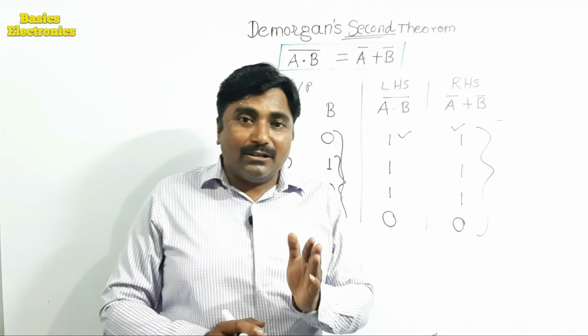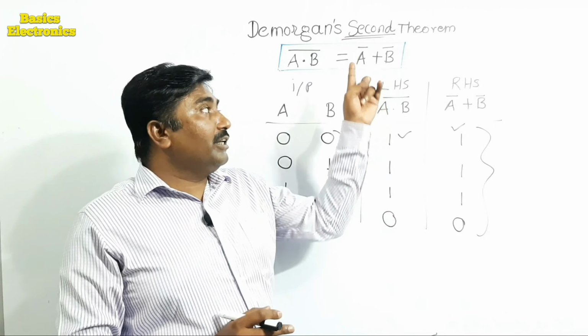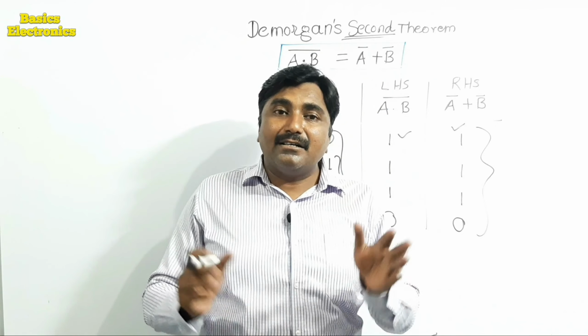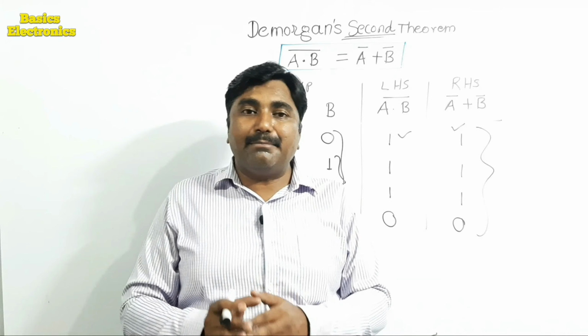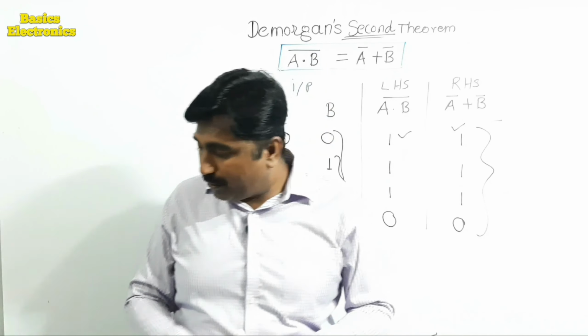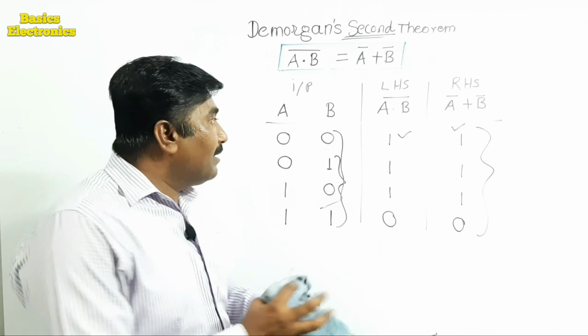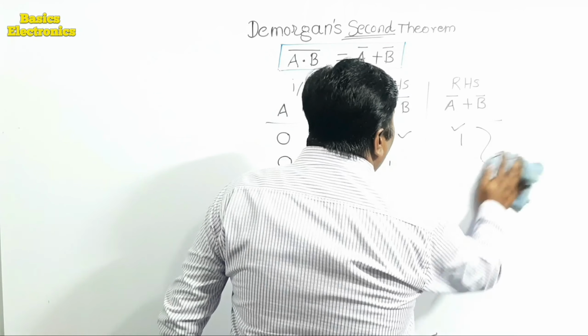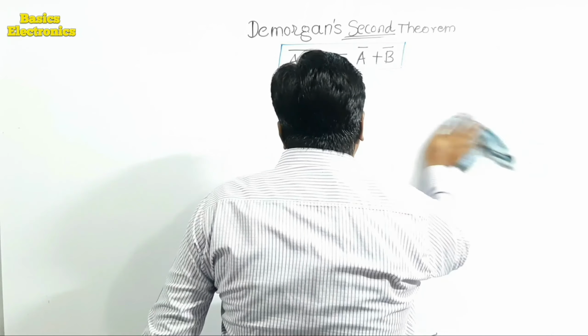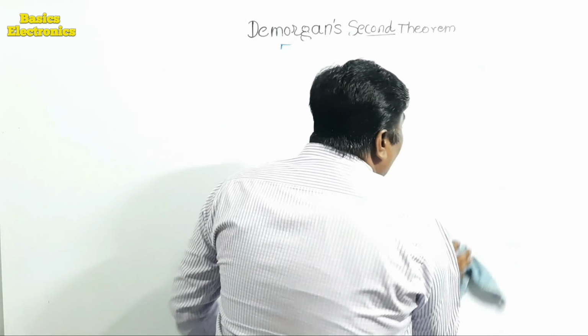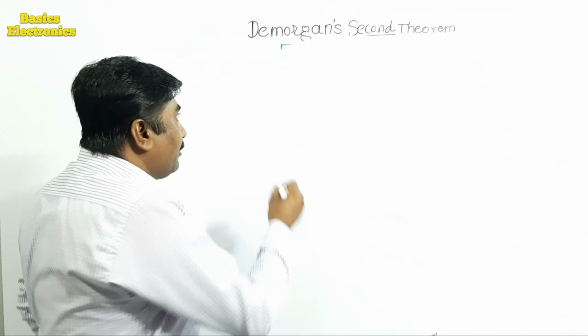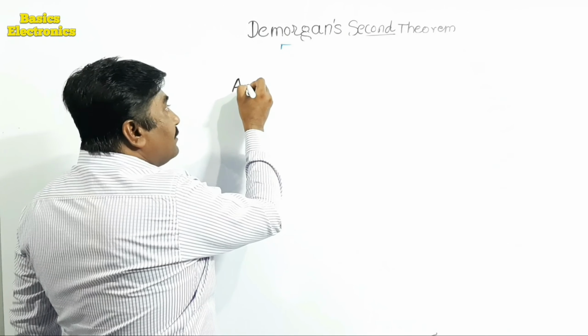Once again, I would like to write down the equations of both theorems and which theorem provides the equivalency between which types of gates. So we make one table with the names of all the gates which provide the equivalency. The first theorem equation is complement of A plus B equals A complement dot B complement.